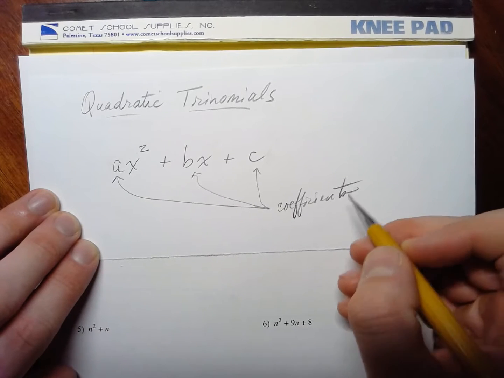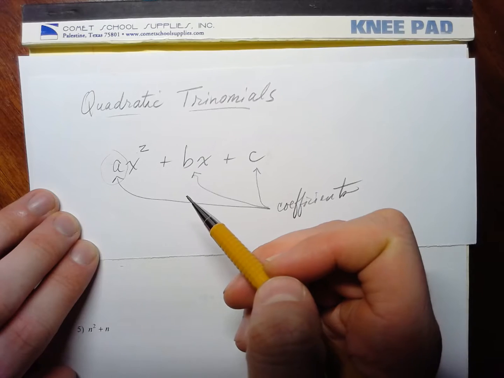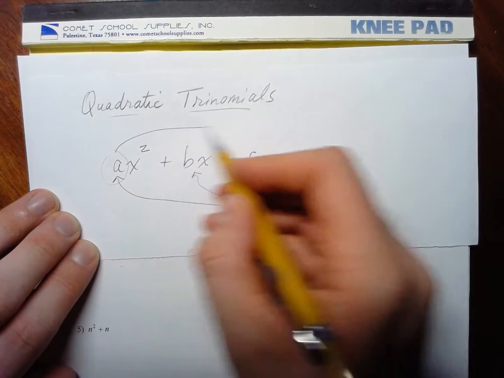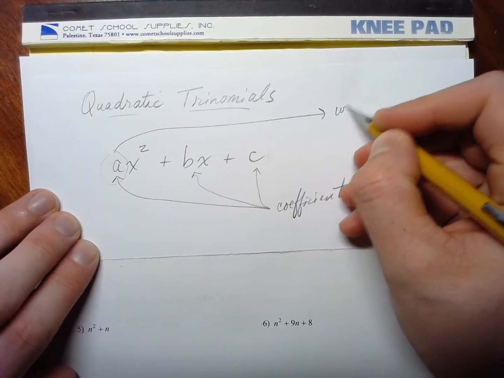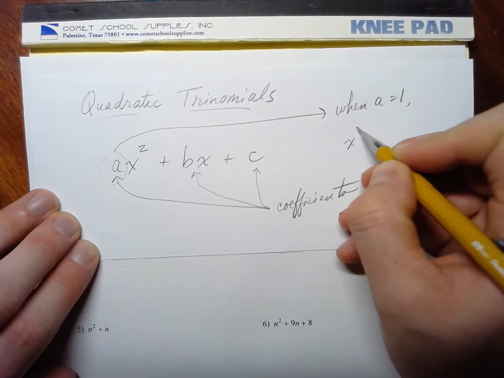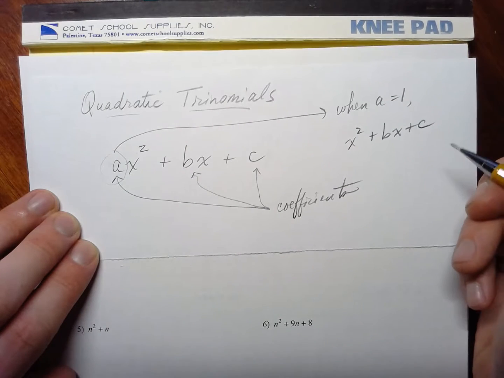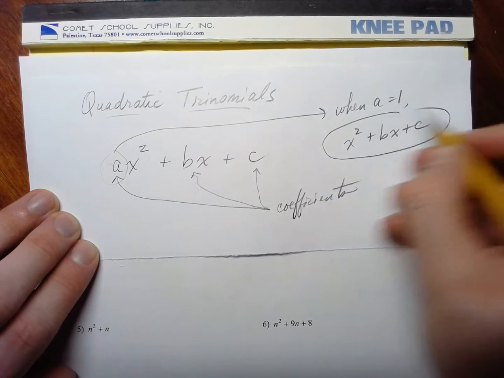When I say a equals 1, I'm talking about this a right here. When a equals 1, it looks like this, just x squared plus bx plus c. So that's what we're looking to factor today.